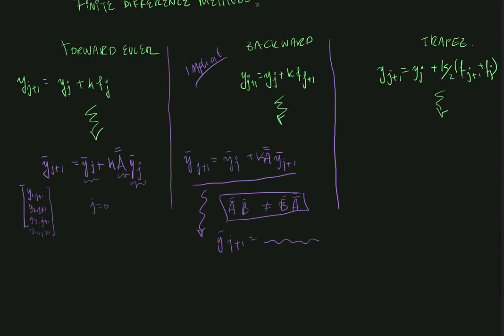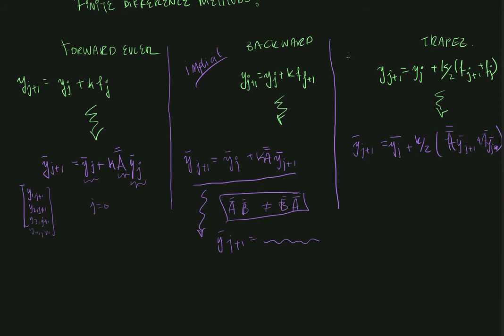And the same with the trapezoidal method. Then you just have y_{j+1} equals y_j plus k over 2 times A y_{j+1} plus A y_j, like that. And also the trapezoidal method, what's that?